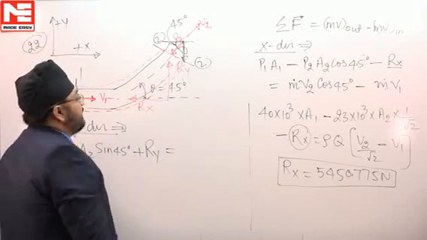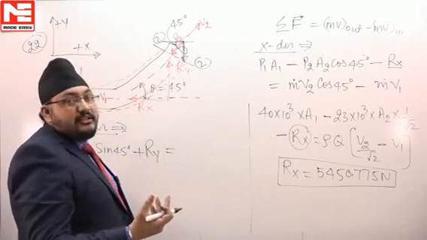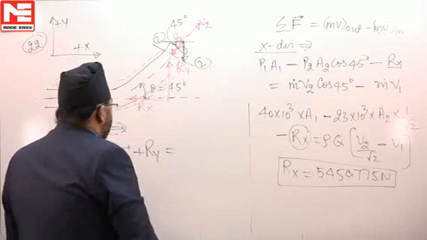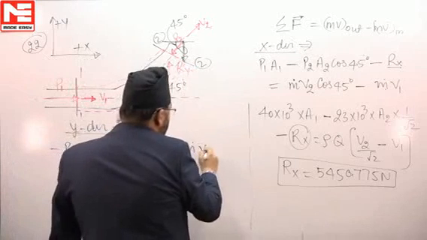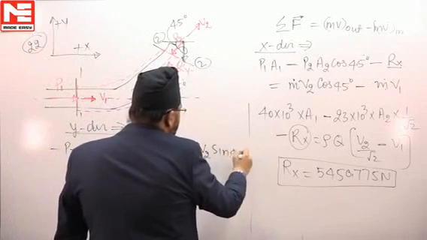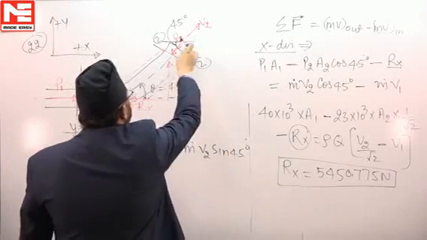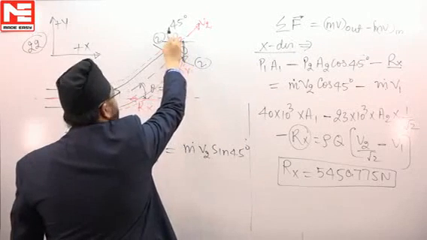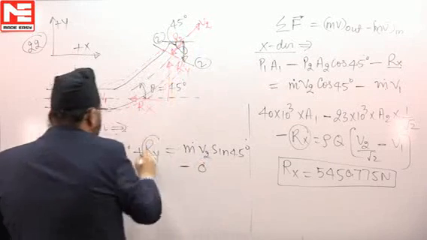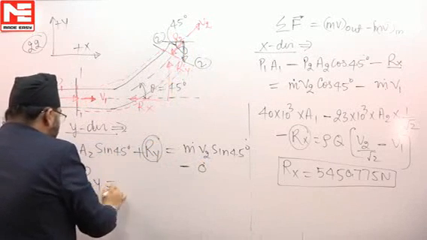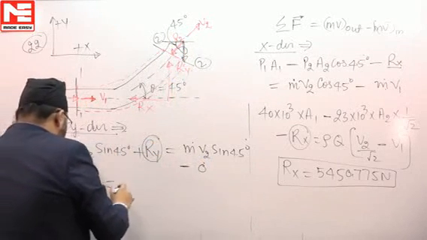Equals momentum out. Momentum out will be m dot v2 sine 45 degrees, in the vertically upward direction, so positive y, minus momentum in, which is 0.